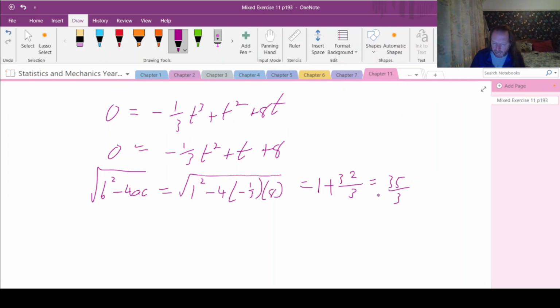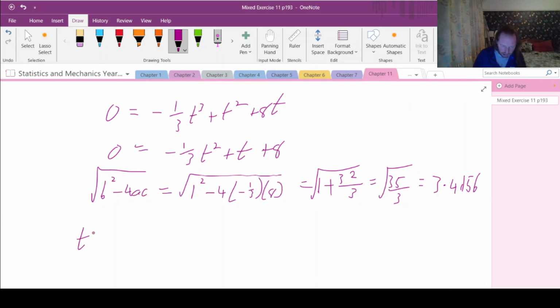And the square root of that gives me 3.4156.